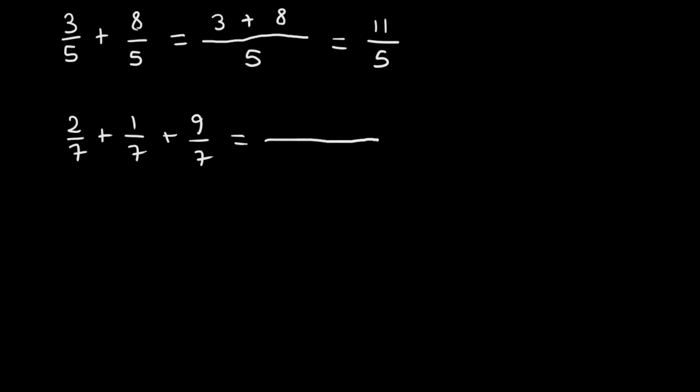First of all, we have the same denominator, so we write down 7 and then we sum up all the numerators on top. So 2 plus 1 plus 9. And so 2 plus 1 is 3, and 3 plus 9 is 12. And 12 over 7 is the solution.